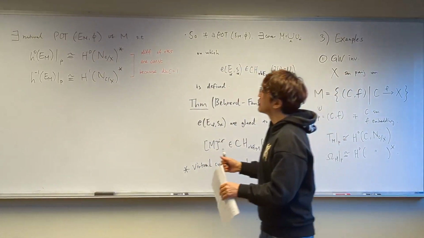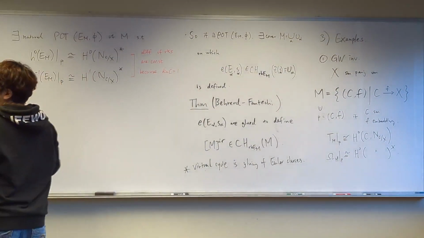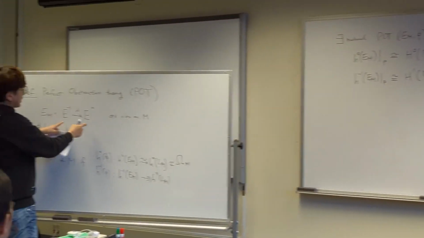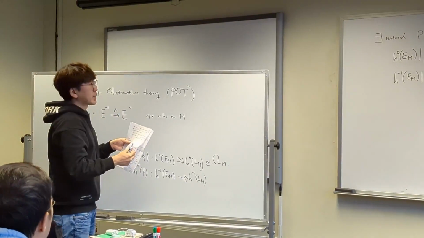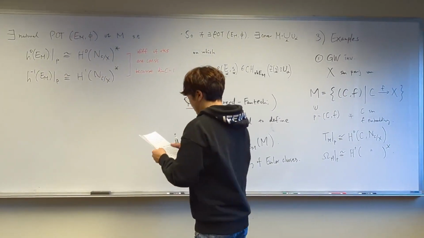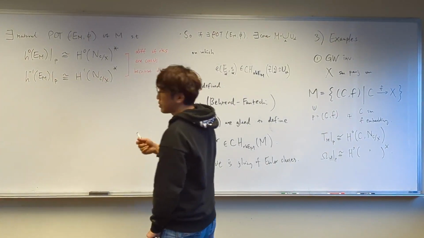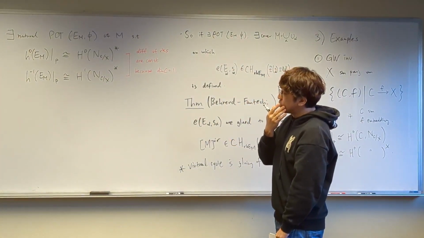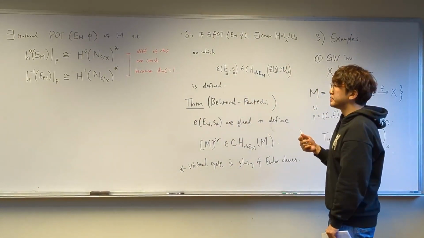That means this is really perfect, because that's almost equivalent to this being a two-term complex of vector bundles. So this POT gives a virtual cycle, and integration over the cycle defines the Gromov-Witten invariant.